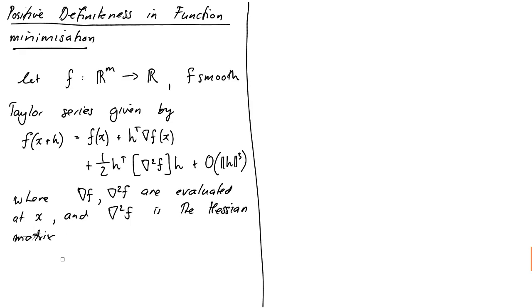Let's just write down the definition for that. In case you haven't seen this before, the Hessian is equal to a matrix G of x, where G_ij of x equals the second order partial derivative of f with respect to x_i and x_j. So it's just the matrix of all the second order partial derivatives of your function.